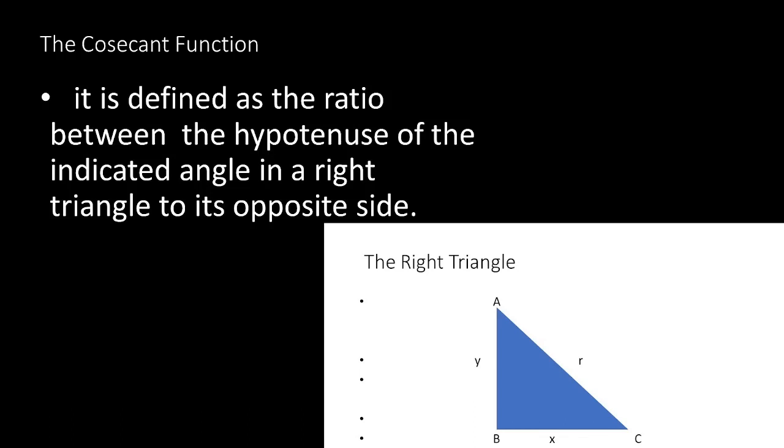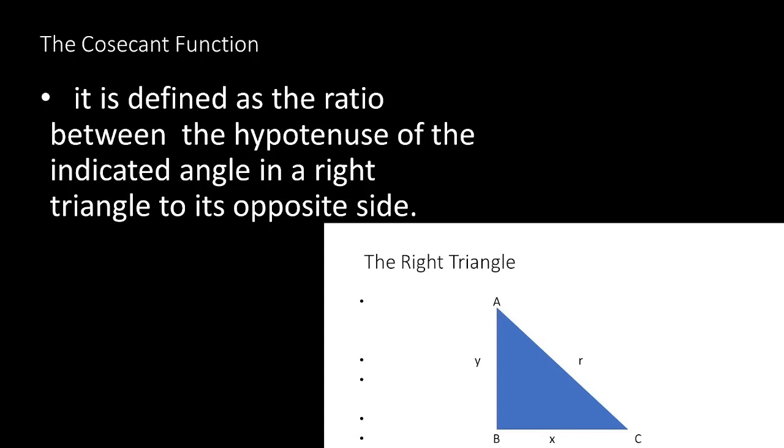If we get the cosecant of angle A, that will be the hypotenuse R divided by the opposite side X, so R over X. And the cosecant of the acute angle C would be the hypotenuse R divided by the opposite side Y, so R divided by Y.